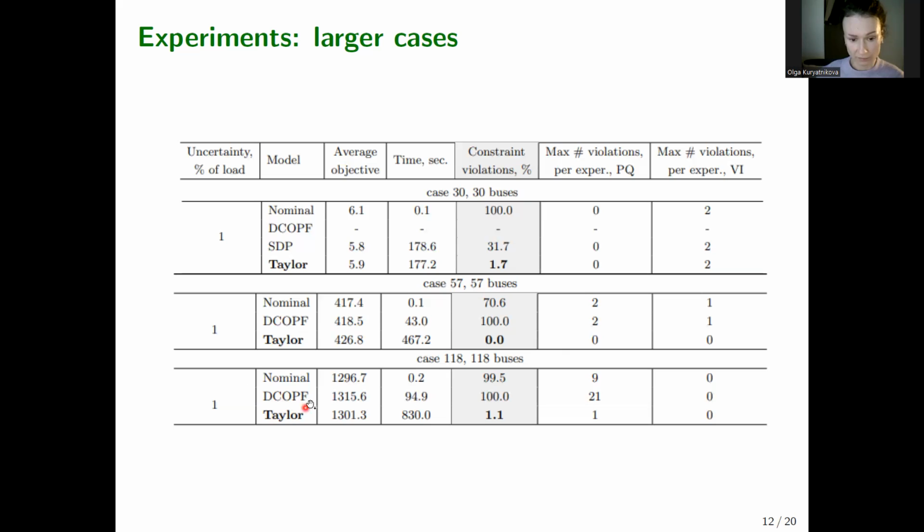And DCOPF also for large cases becomes less precise. That was also something interesting for Dan, who is an engineer. Does DCOPF work robustly, or do we need an alternative? So it seems that we need an alternative. And the one we have works nicely, but it's not so scalable.